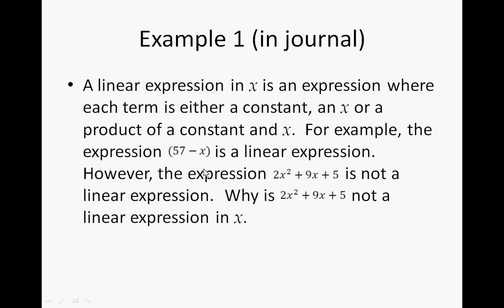Now you might be saying, wait a minute, this is negative or subtract. Well, remember, all subtraction problems are addition problems, so we would say this is 57 plus a negative x. So it is the sum of a constant and an x.